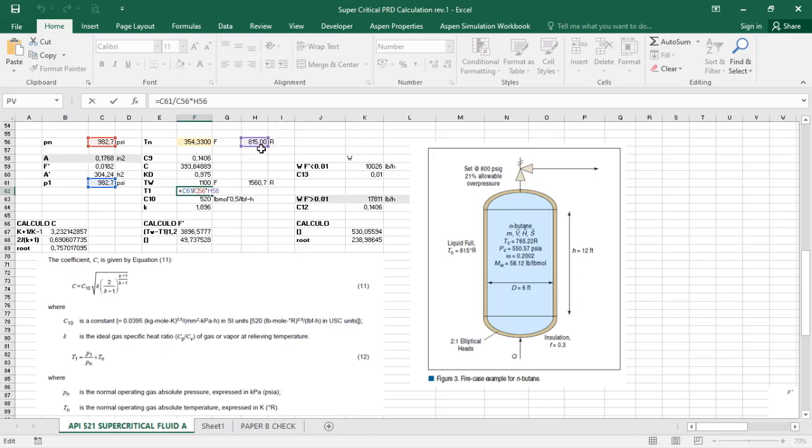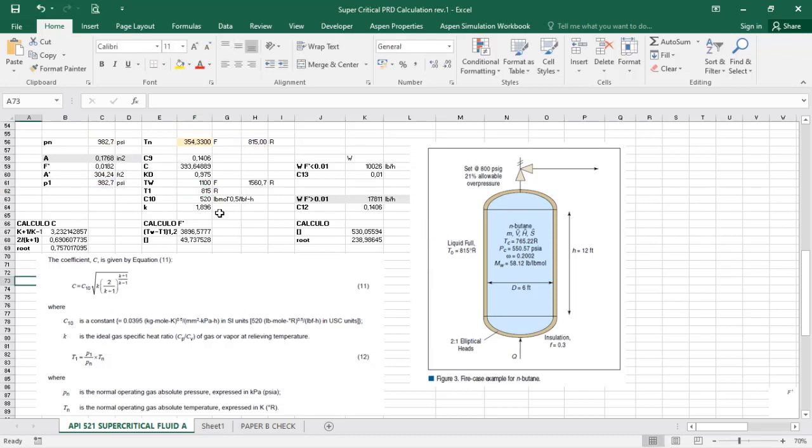And my normal temperature was also informed by the paper, that is 815 Rankine. So based on that, doing these calculations, as I have the pressure divided by the set pressure, I have a 1. So in this case, for the API calculation, my release temperature will be the same as the paper.